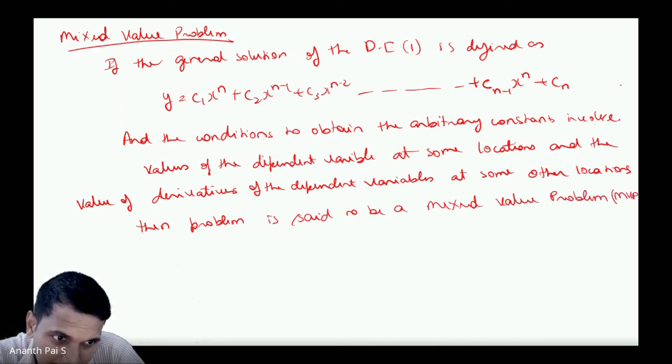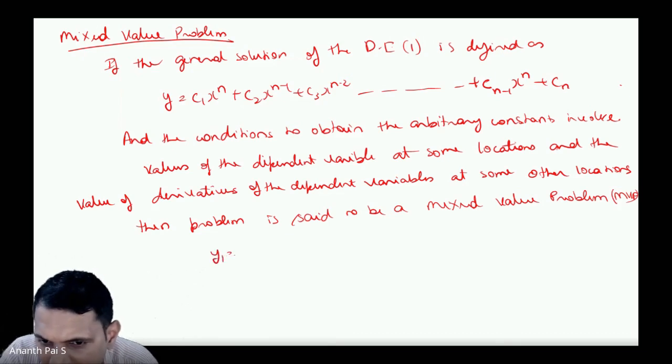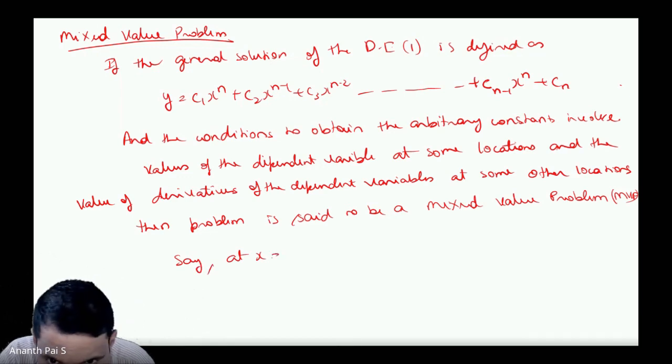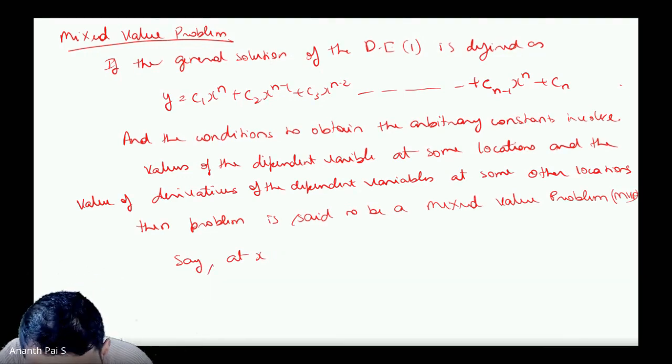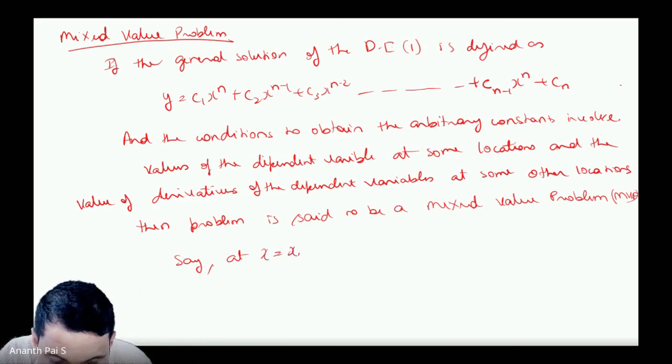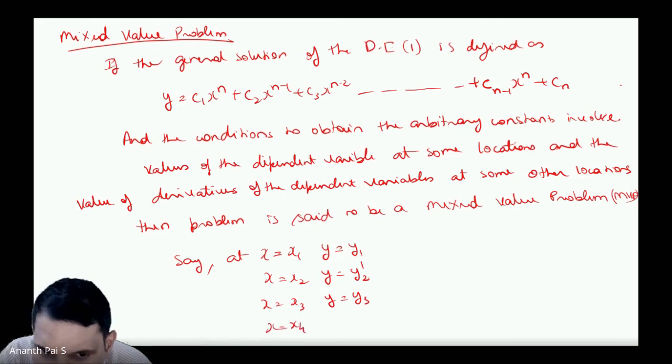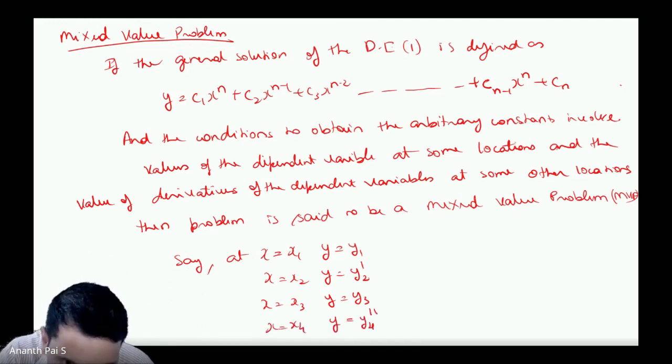MVP, very important. So that means at x is equal to x1, y is equal to y1, at x is equal to x2, y dash is equal to y2, at x is equal to x3, y is equal to y3, at x is equal to x4, y double dash is equal to y4, like this.